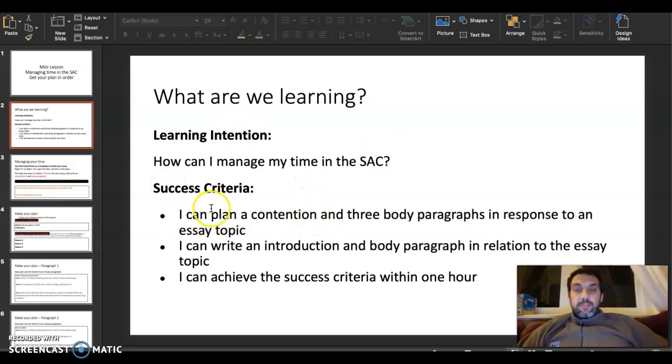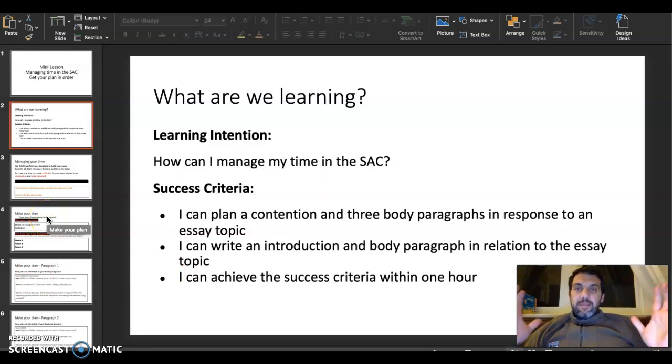Success criteria: I can plan a contention and 3 body paragraphs in response to an essay topic, which will be coming out really soon for you guys. I can write an introduction and a body paragraph in relation to the essay topic, and it's really important that you do all of this within 1 hour. This gives you your second hour to write the last 2 paragraphs and the conclusion, and do any tidying up that you need to do.